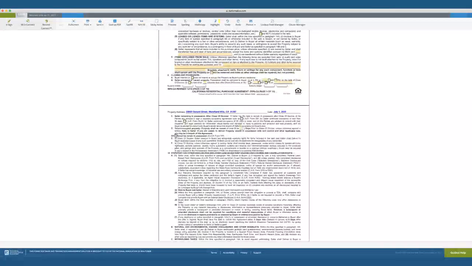I want to point out here, F would be 9F. At close of escrow, unless otherwise agreed in writing, seller shall provide keys, passwords, codes, and other means to operate all locks, mailboxes, security, and so on. What does this mean? Well, the seller's staying in possession a week after the close of escrow.